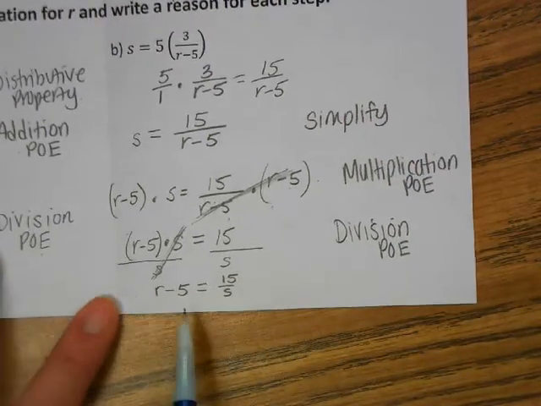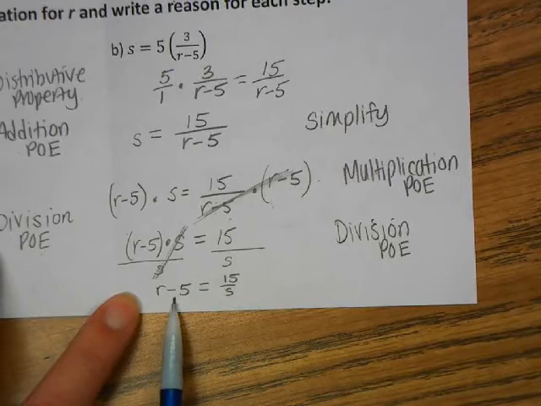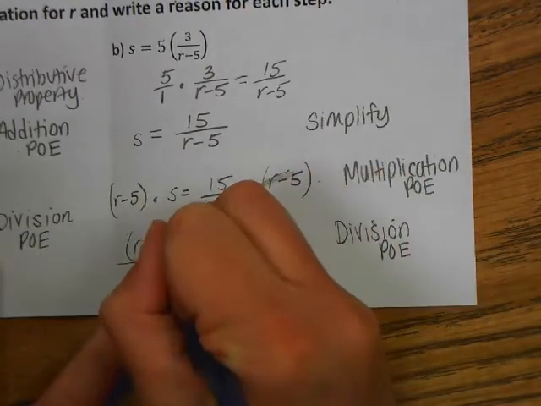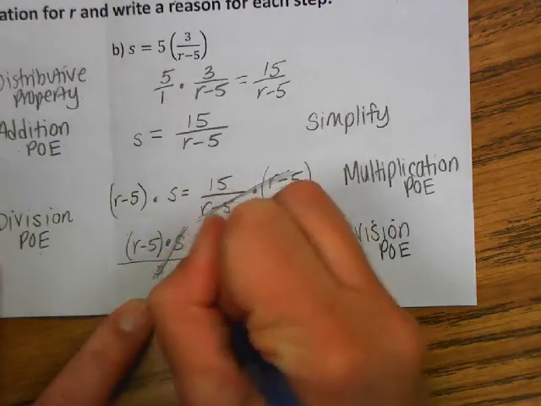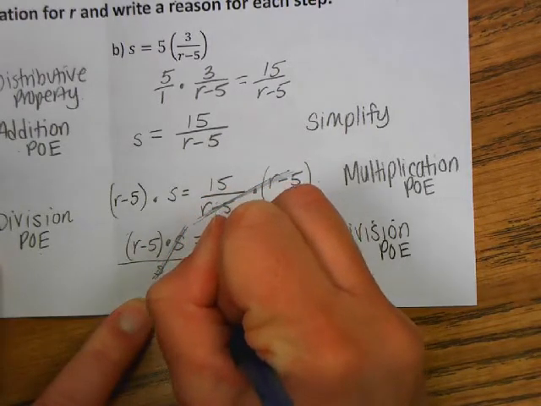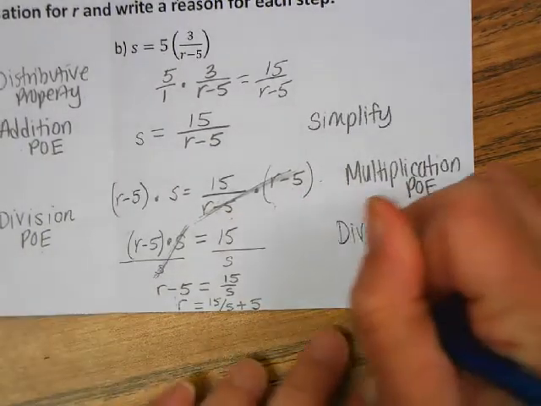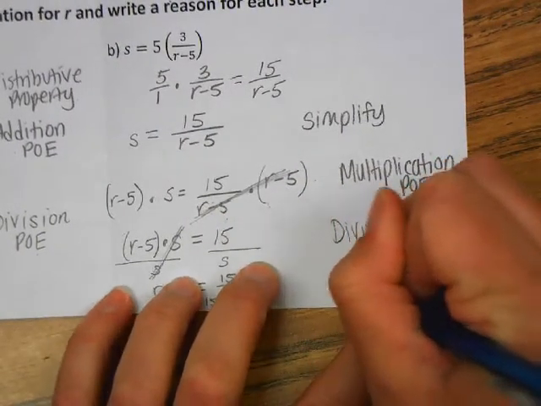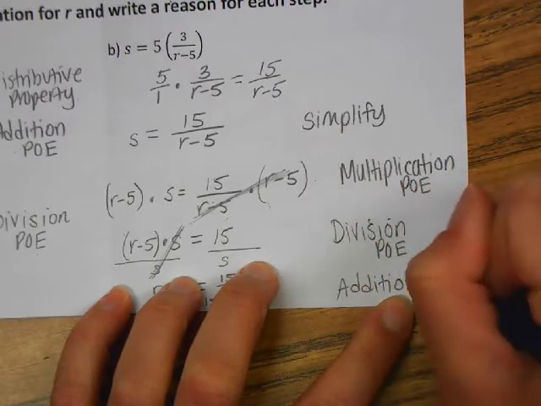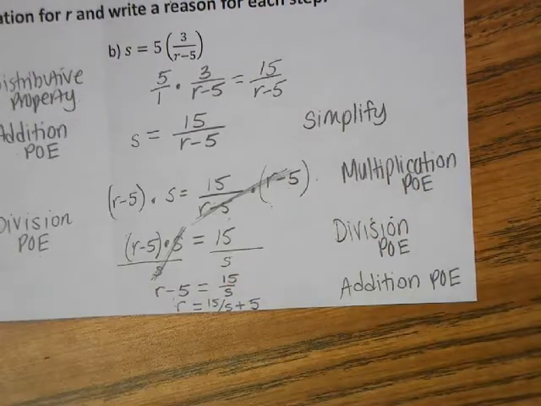And then last but not least, to get r by itself, I have to do the opposite of subtracting 5, which is adding 5. So r is going to equal 15 over s plus 5. And that's the addition property of equality.